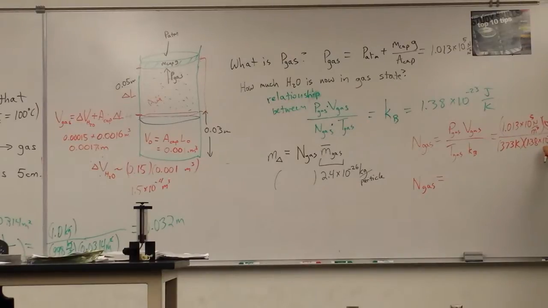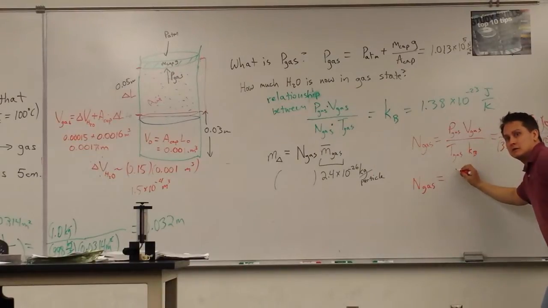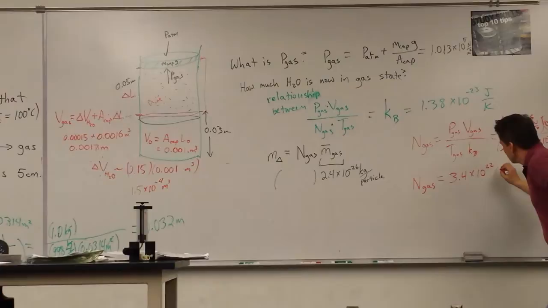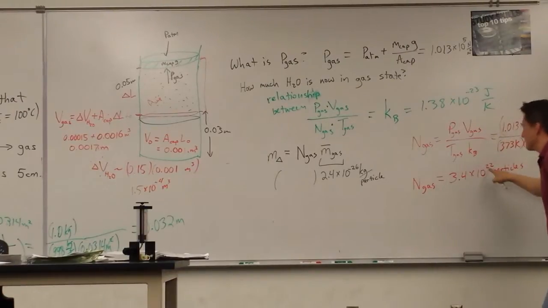So 4 times 10 to the 20th? 22. 22. 3.4. Okay. That's what I got. Check it. Double check that number. It's going to be 10 to the 21, 29, somewhere in that range. So I'll go with it. Sounds reasonable. Very reasonable.